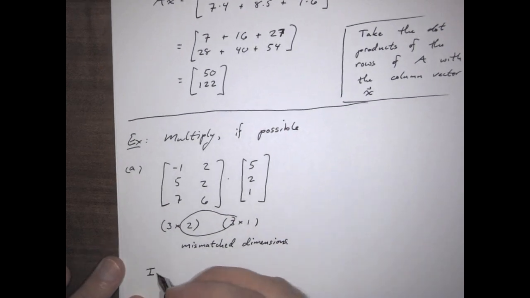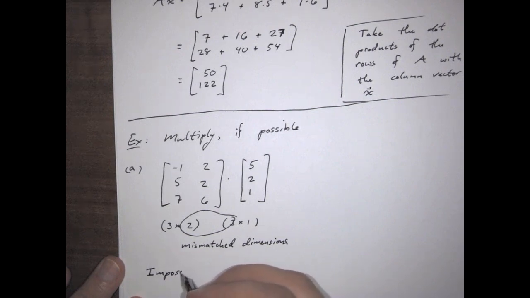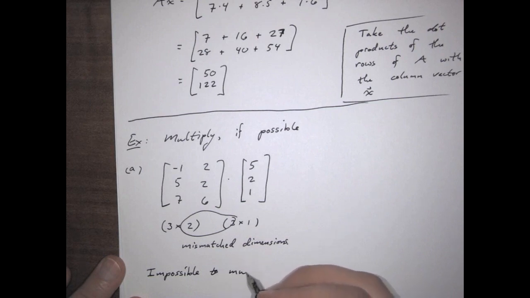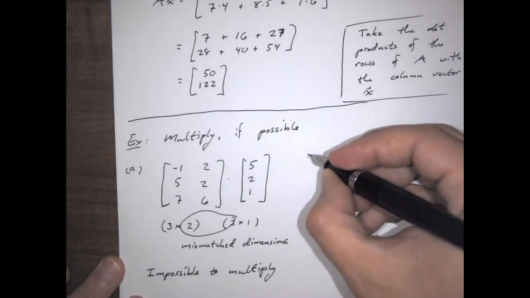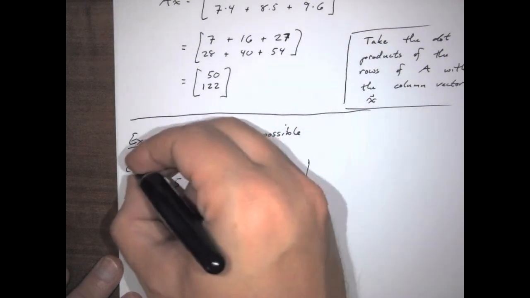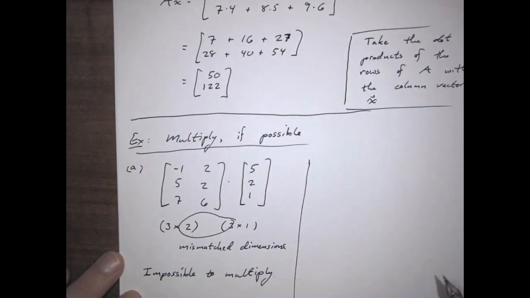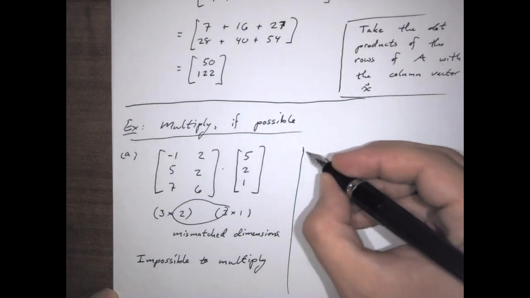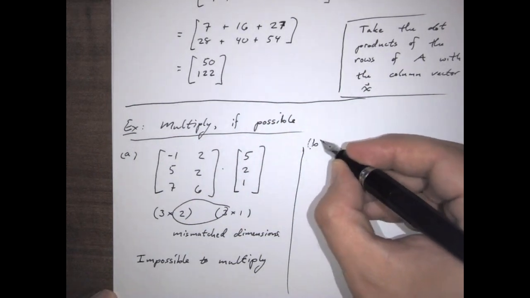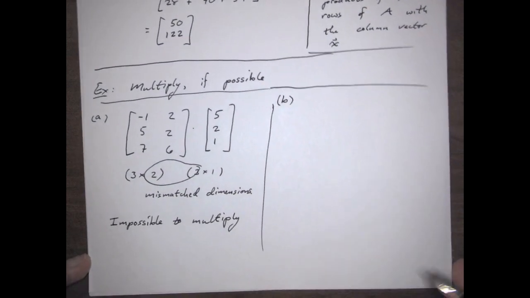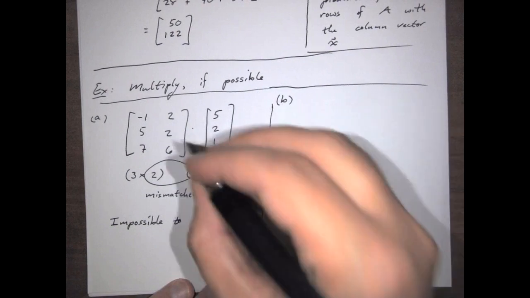This is not defined. That was, of course, highly implied by the very language of this example. Nobody ever says multiply if possible unless there's a lurking possibility that one of your examples will prove impossible to do. So that one wasn't possible.